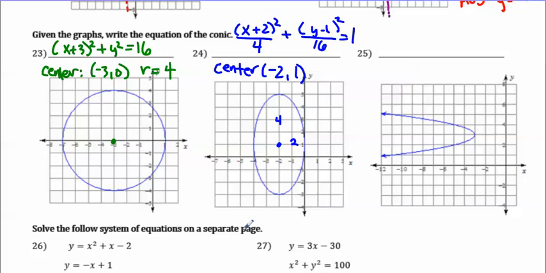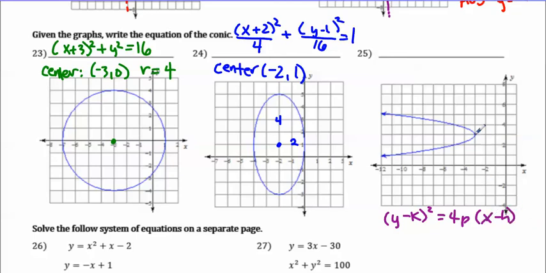Alright, the last one here is a parabola, and our parabola is opening to the left. So what we're going to do is start with the equation y minus k squared equals 4p times x minus h.